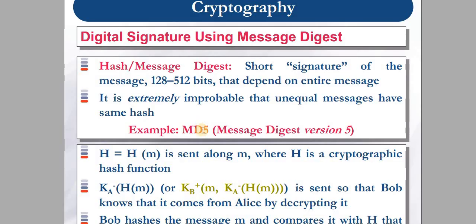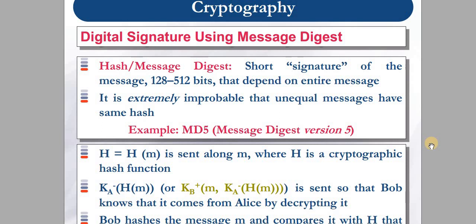SHA-256 is 100% collision free if you use SHA-256. There will not be a probability that two messages have the same hash value or message digest value. I think if you check websites, you will find that they use SHA-256 to ensure customers that they are in a secure website.